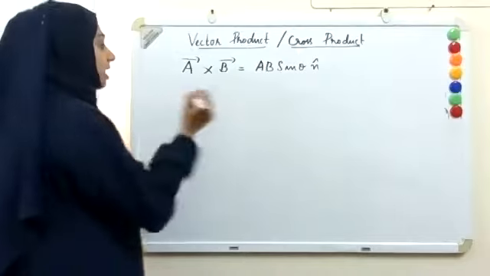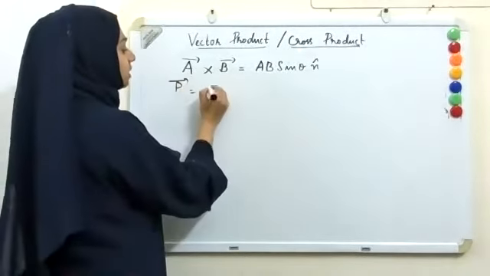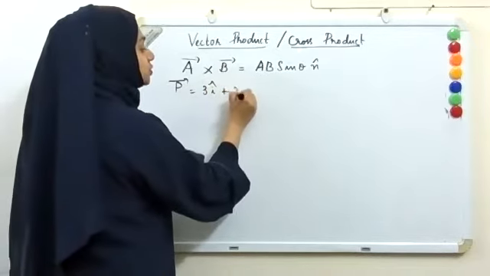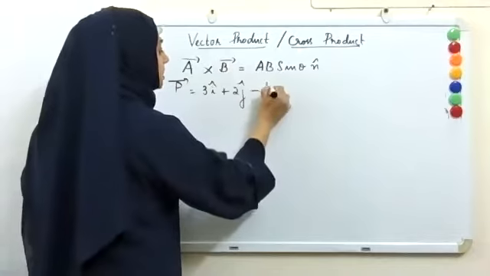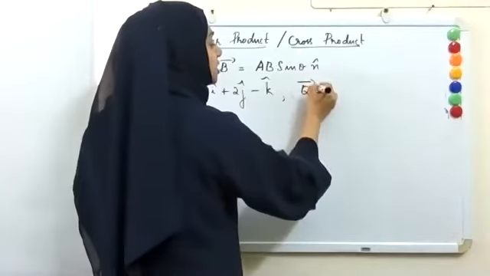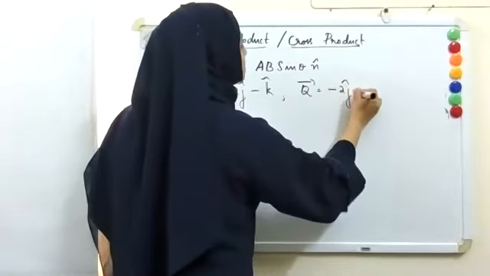For example, I have two vectors, vector p equal to 3i plus 2j minus k, and another vector q equal to minus 2j plus 3k.